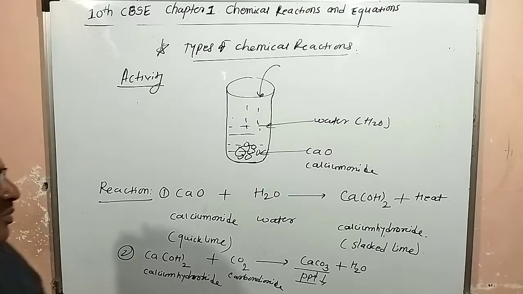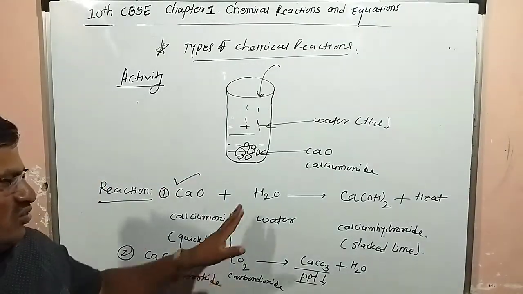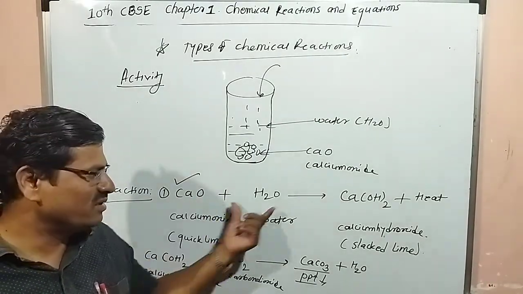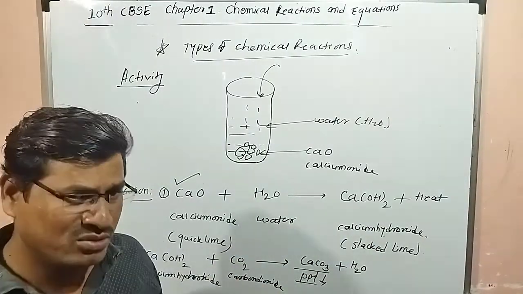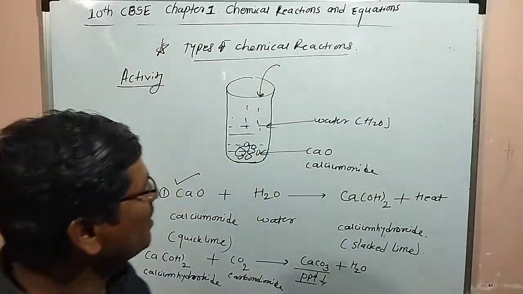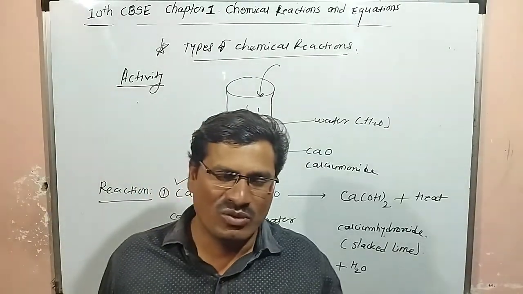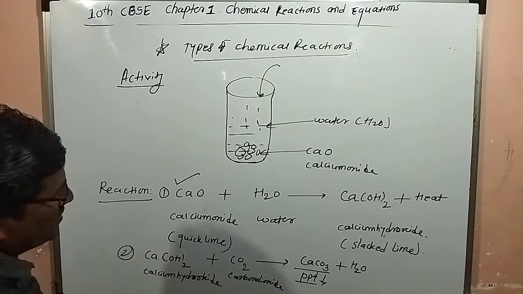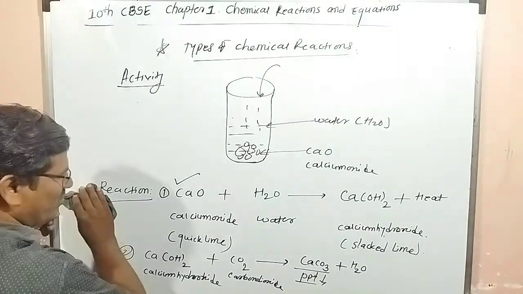So if you observe this chemical reaction, CaO plus H2O, here CaO is one reactant, H2O is another reactant, and it is giving a single product. So the first type is the combination reaction, and we'll take some more examples. You will understand what is a combination reaction.